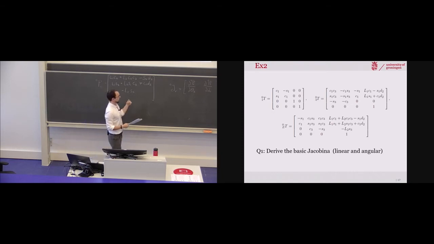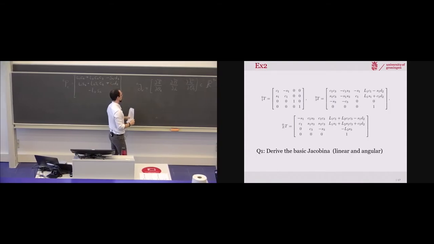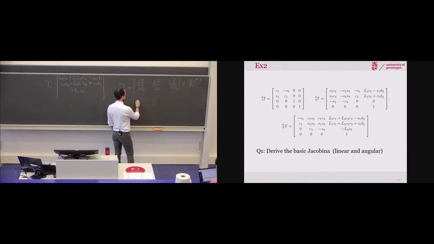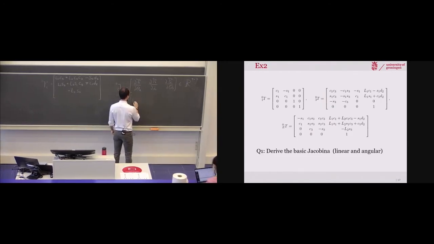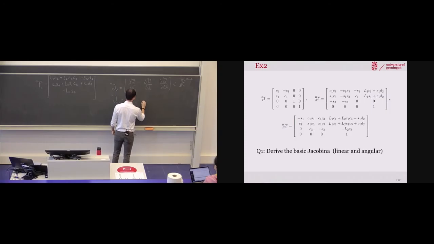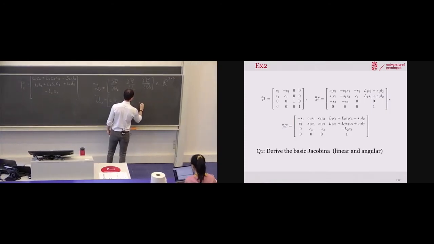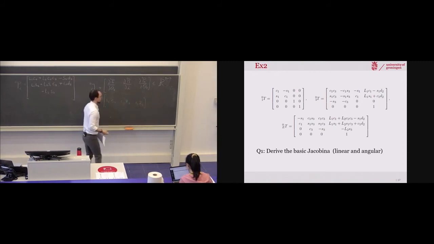Now, the question is about the Jacobian associated to the angular velocity, so J0 omega. How do we compute this? Well, it was written something like this: epsilon 1 times Z1, epsilon 2 times Z2, epsilon 3 times Z3, right?